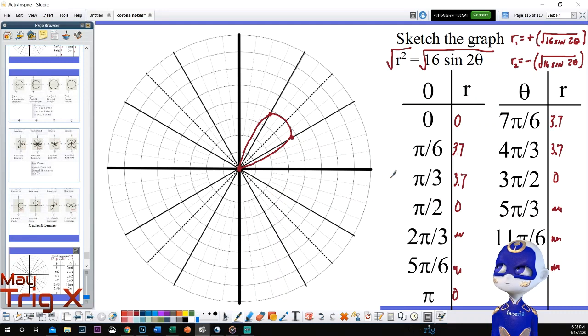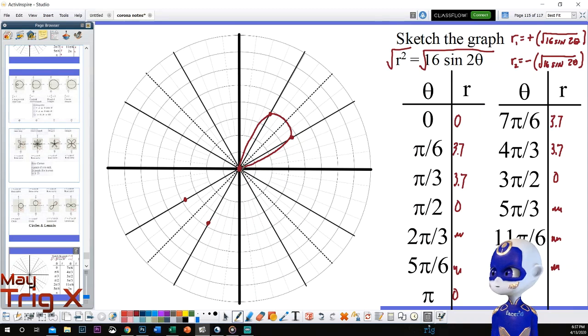Alright, so we've basically done something like this. Alright, good with that. Now we have no solution stuff, so that means there's going to be nothing here. So we're just going to kind of lift our pencil and start again. Pi would be this direction, but it's 0, so I stop there. 7 pi over 6 is this line, and I'm going to go out 3.7, 1, 2, 3.7. Next, 4 pi over 3, also 3.7.